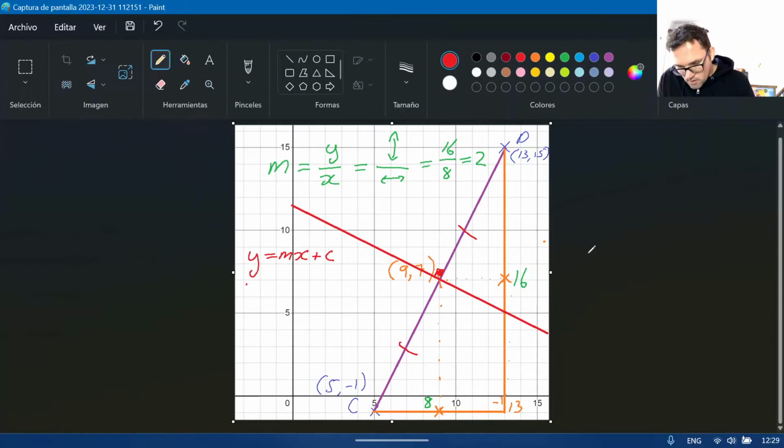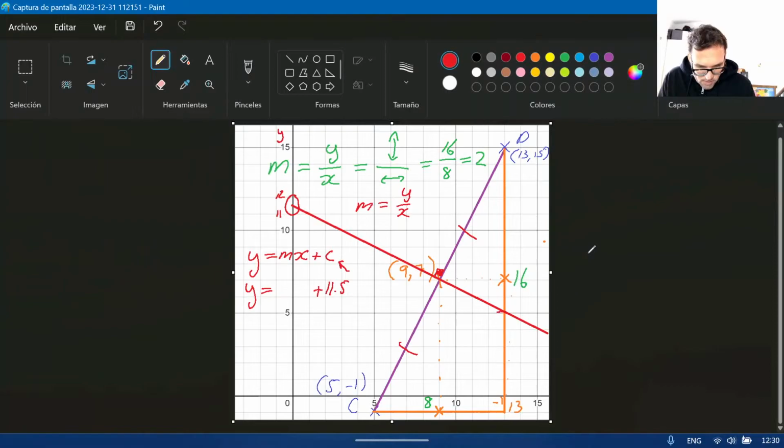Now, this is not hard to get. First of all, remember the c is the y-intercept, where it crosses the y-axis here. What is that? That looks about like 11.5, doesn't it? More or less. Then the gradient, remember, is the change in y over the change in x.